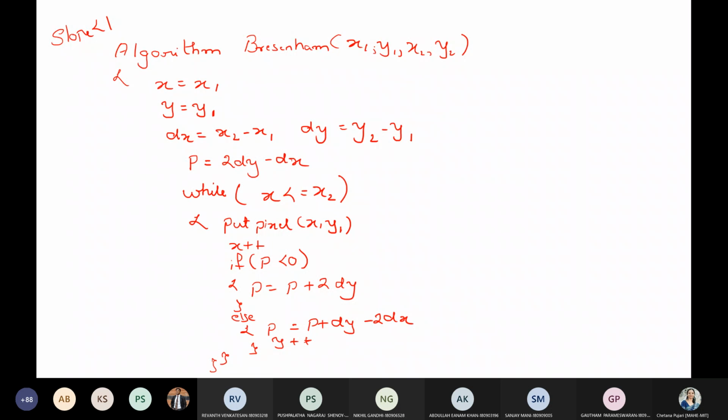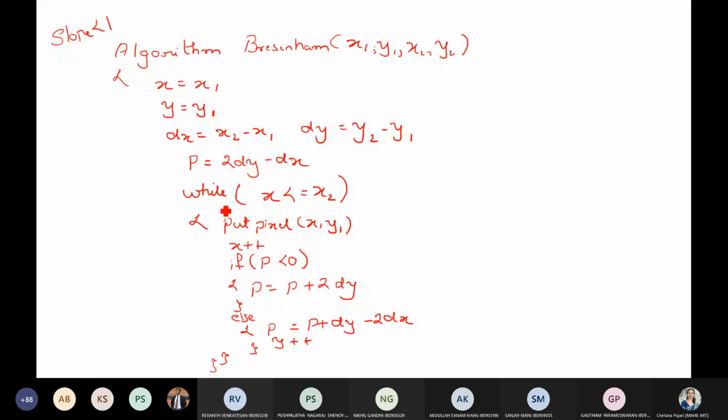We got 2 points, that is start and end point. So X and Y value, we are assigning it to the initial starting point, that is X1, Y1. Then you are calculating delta X and delta Y. And the initial decision parameter value, based on the derivation which we have done, is equal to 2 delta Y minus delta X. Then you are making use of for loop or a while loop. Check the condition whether you have reached the end point in your line, which is X2 in this case.